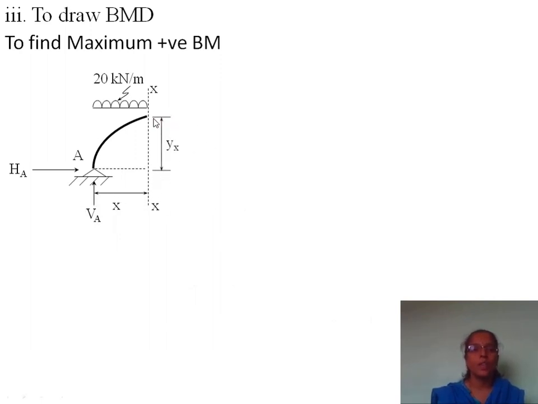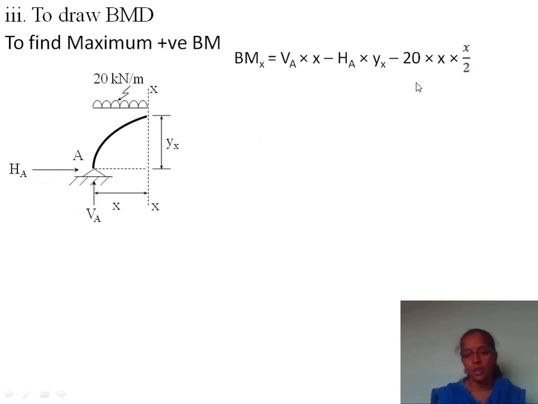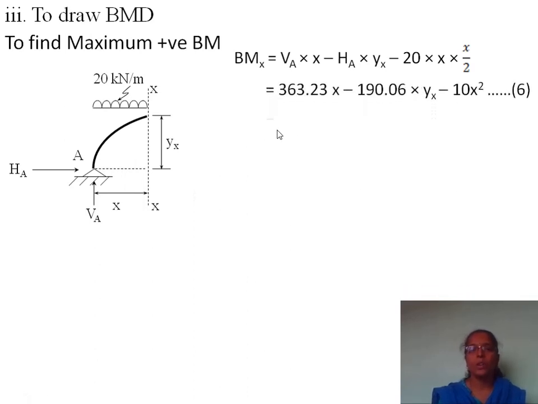So let yx be the ordinate of the arch from end A. Now we will write the bending moment equation, which is equal to VA into x. VA is inducing sagging bending moment, therefore VA into x minus HA into yx, and then minus 20 into x by 2.